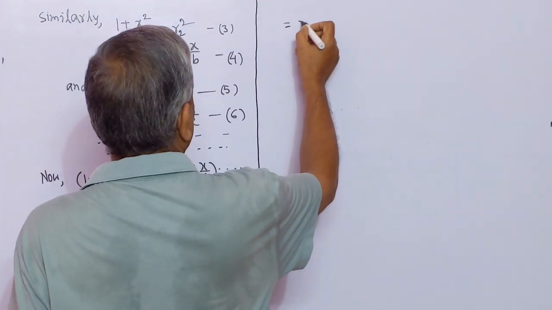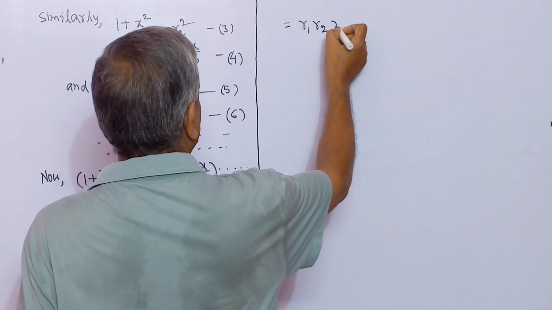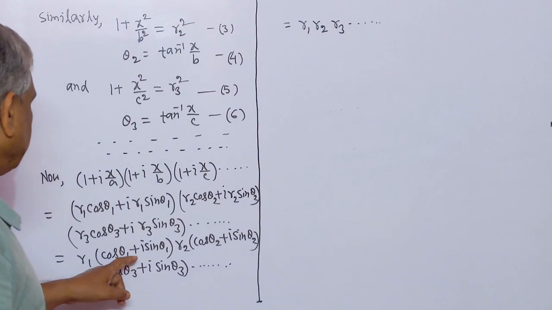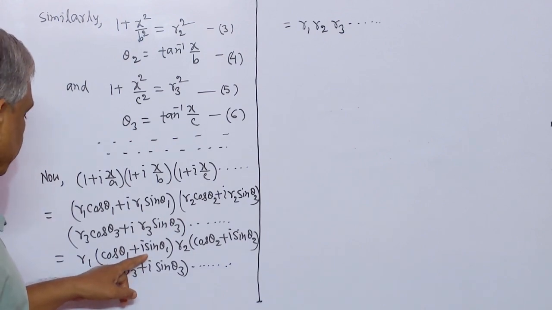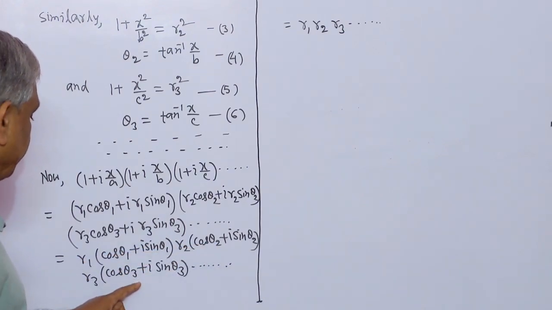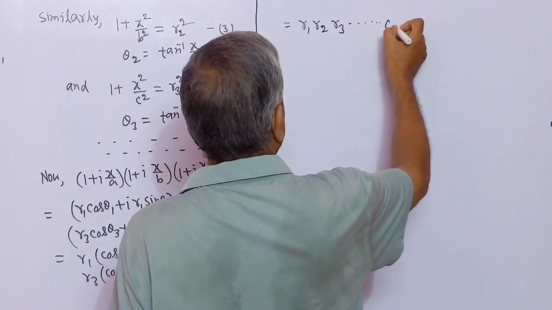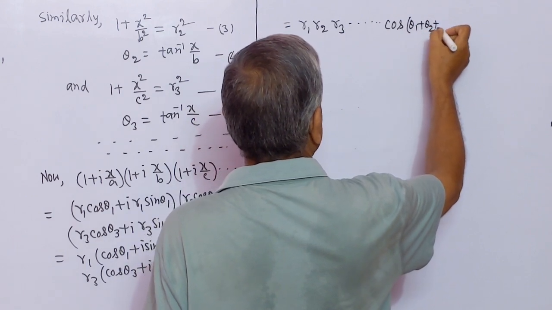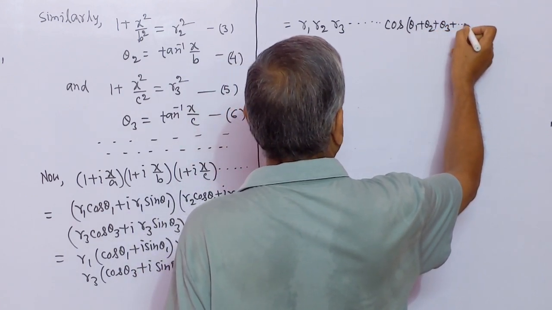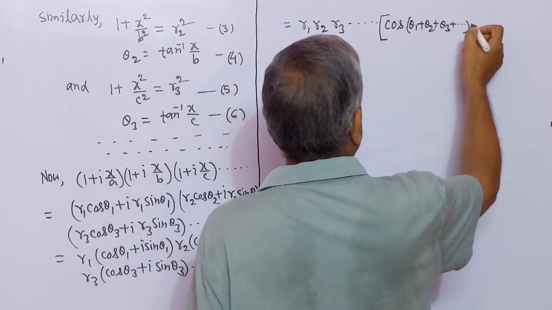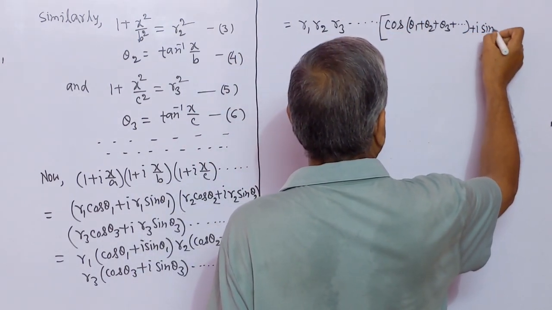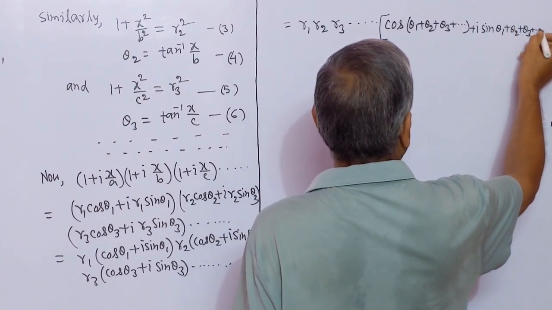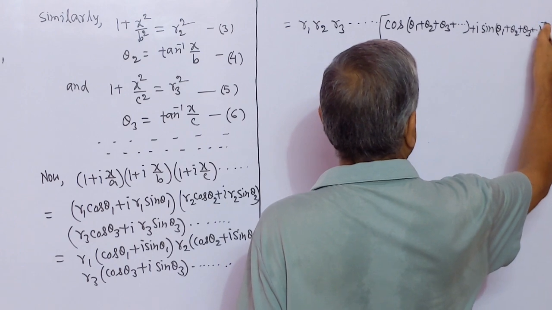This equals r1 r2 r3 ..., and by using De Moivre's theorem, this bracket multiplied by this bracket multiplied by this bracket will be (cos(theta 1 + theta 2 + theta 3 + ...) + i sin(theta 1 + theta 2 + theta 3 + ...)), and bracket closed.